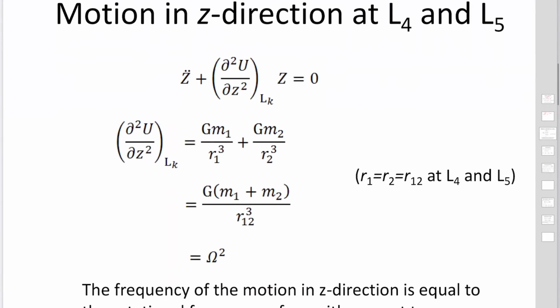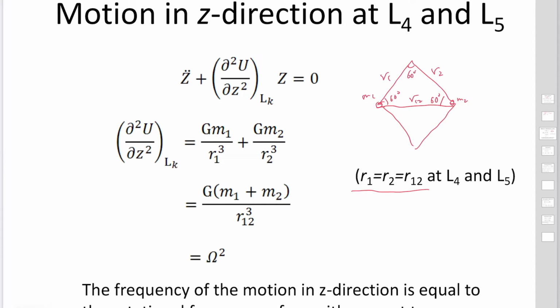Especially for the motion in the z direction at L sub 4 and L sub 5, you can substitute M sub 1, M sub 2, and the Lagrange point is located here. This is r sub 1, r sub 2, r sub 1 2, so this is 60 degrees, 60 degrees, 60 degrees.